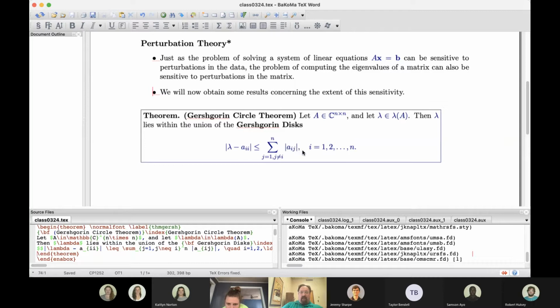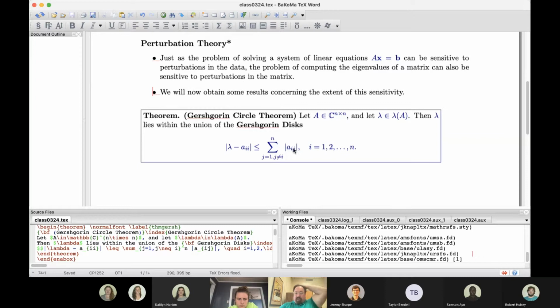So we're focusing on row i. Each row of A gets a disk. The diagonal entry of that row is the center. The sum of the absolute values of all the other entries in that row is the radius. And what this theorem says is that if you consider the union of all of these disks, which can certainly overlap, the eigenvalues have to fall within those disks.